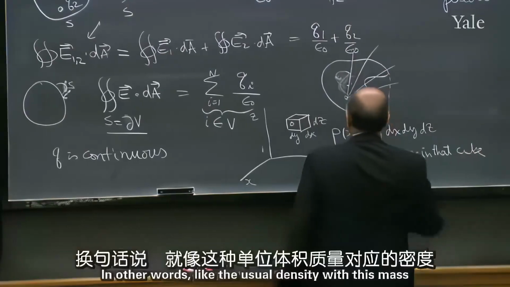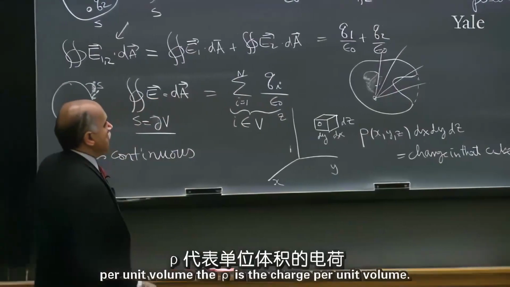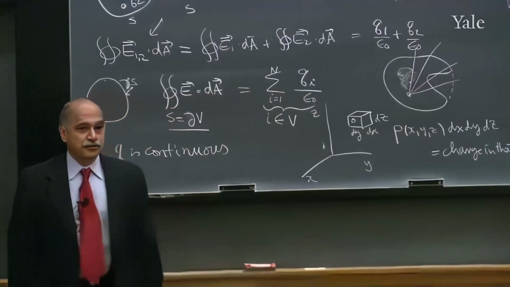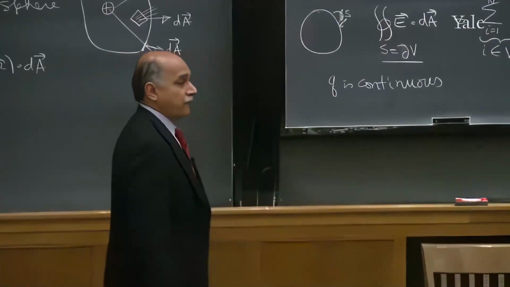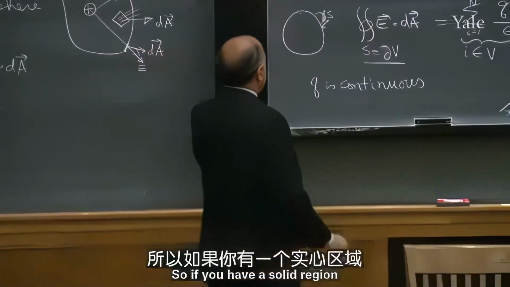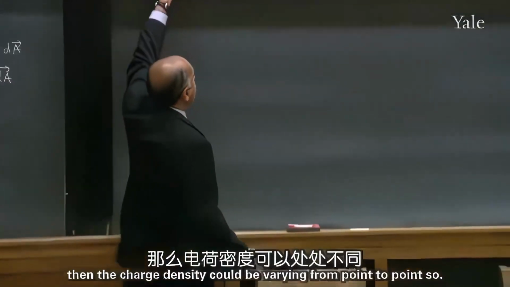In other words, like the usual density, which is mass per unit volume, rho is the charge per unit volume. So you multiply by volume, you get the charge, but it need not be uniform. So if you have a solid region, then the charge density could be varying from point to point.